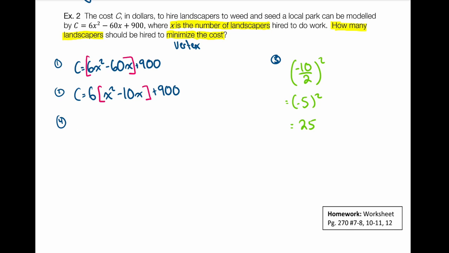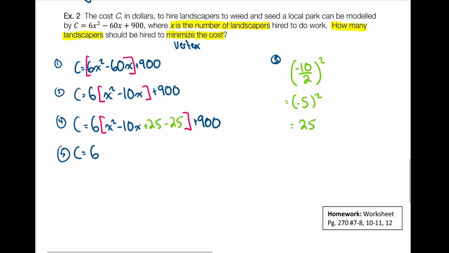Step 4 says to add and subtract these two numbers back in to the bracket. So x squared minus 10x plus 25 and minus 25, plus 900 is still outside the bracket. Step 5 says to move that subtraction outside and reapply the factor.